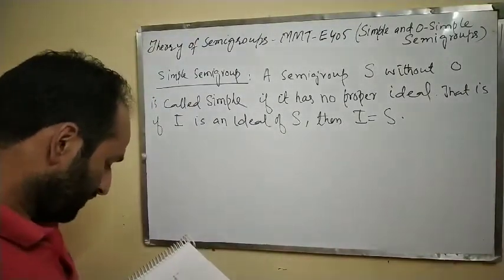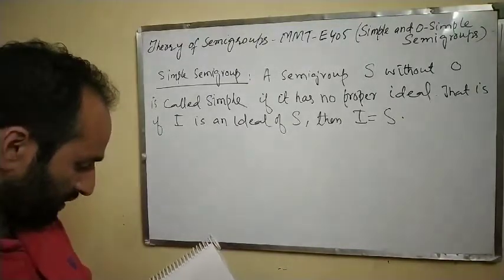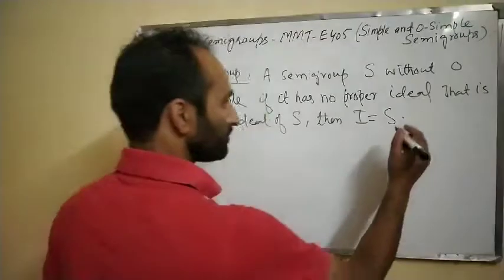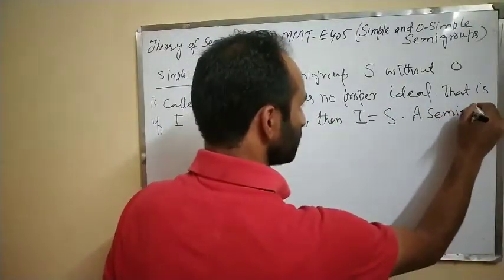Now next we define a zero simple semigroup. A semigroup S with zero. So it's a semigroup with zero.